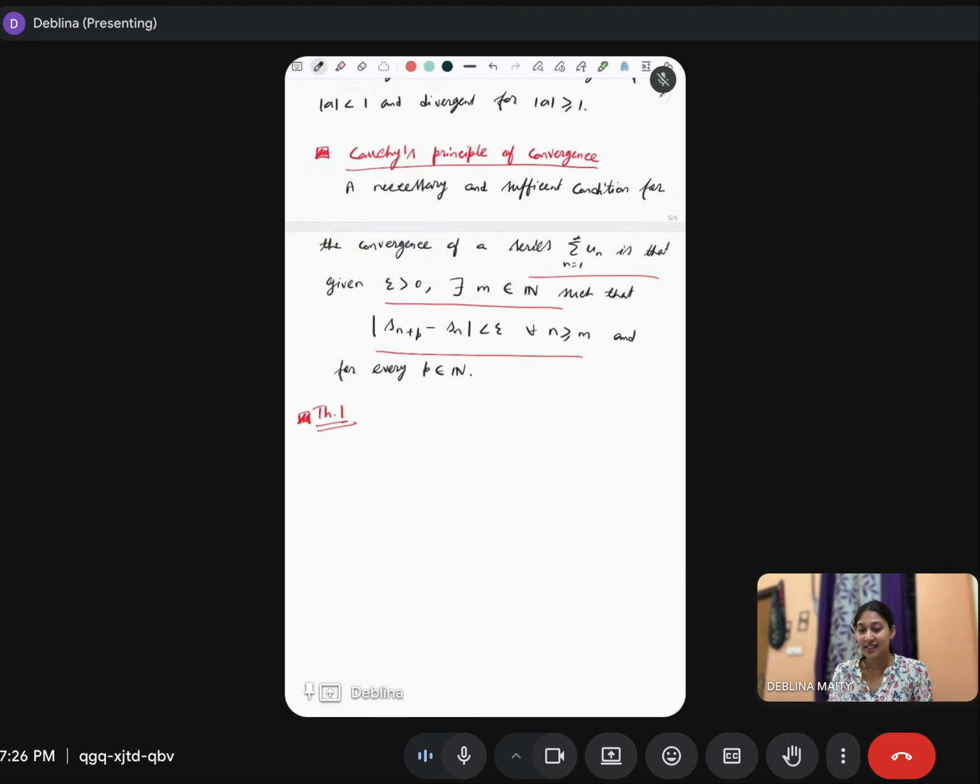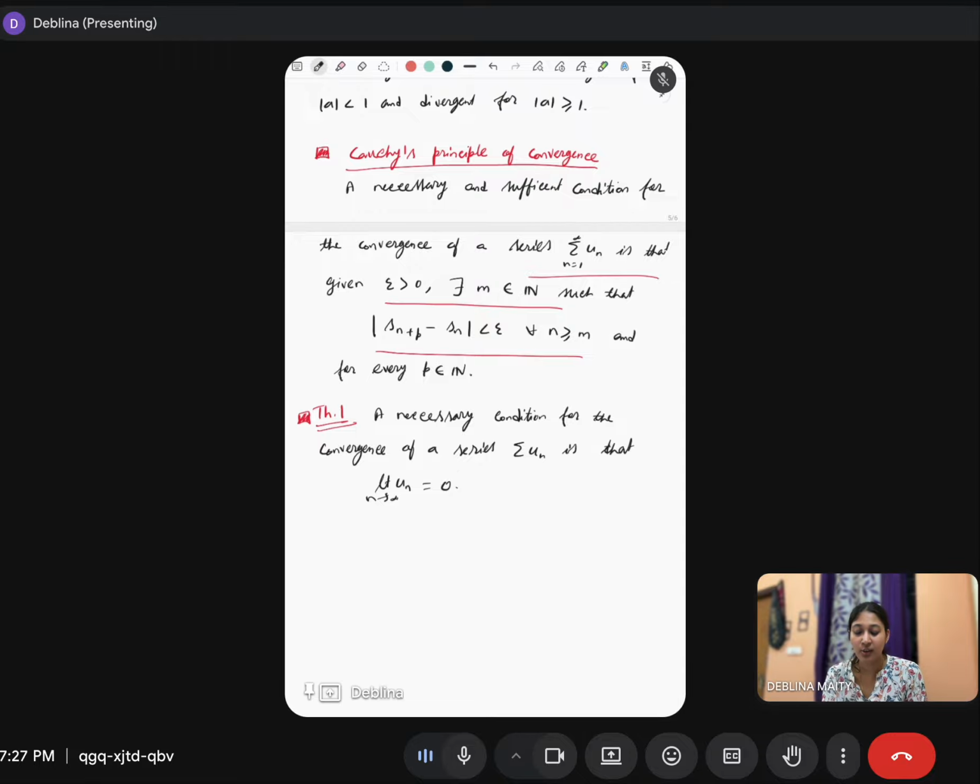Theorem 1 says a necessary condition for the convergence of a series summation un is that the tail of this series, that is un, has to go to 0.